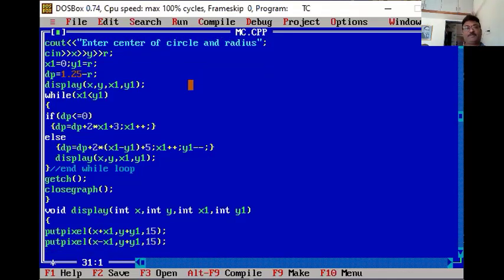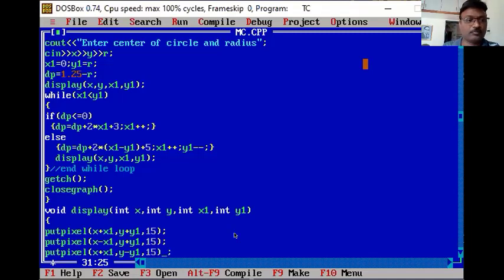Okay. If disconnected, then again you can join on the same link. Now putpixel x plus x1, y minus y1, comma 15, close this.